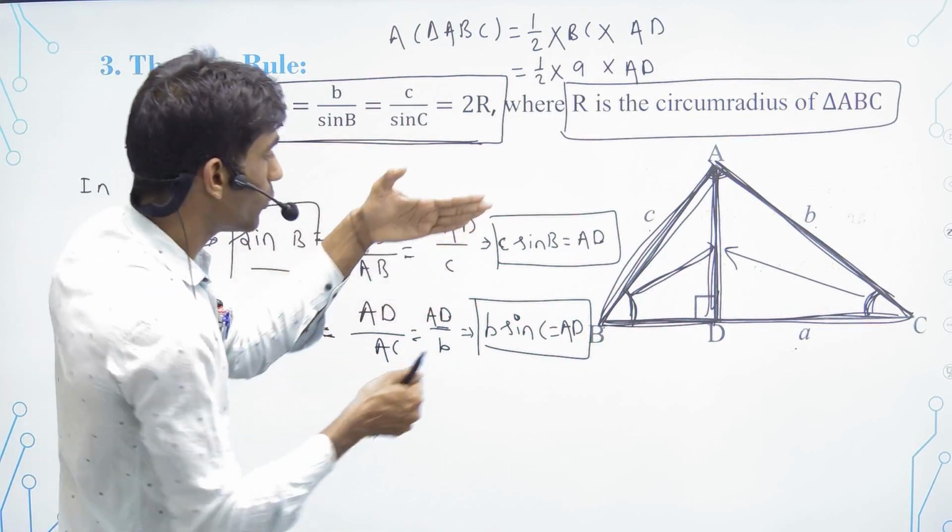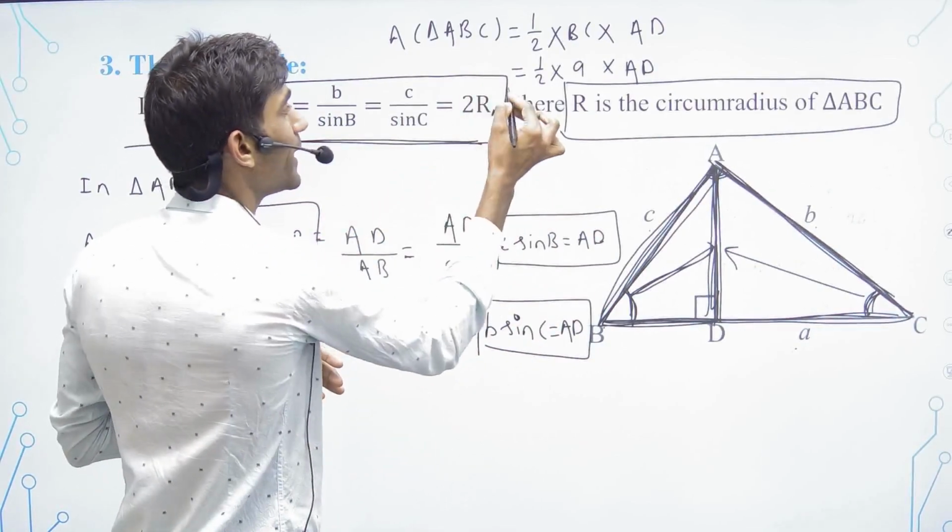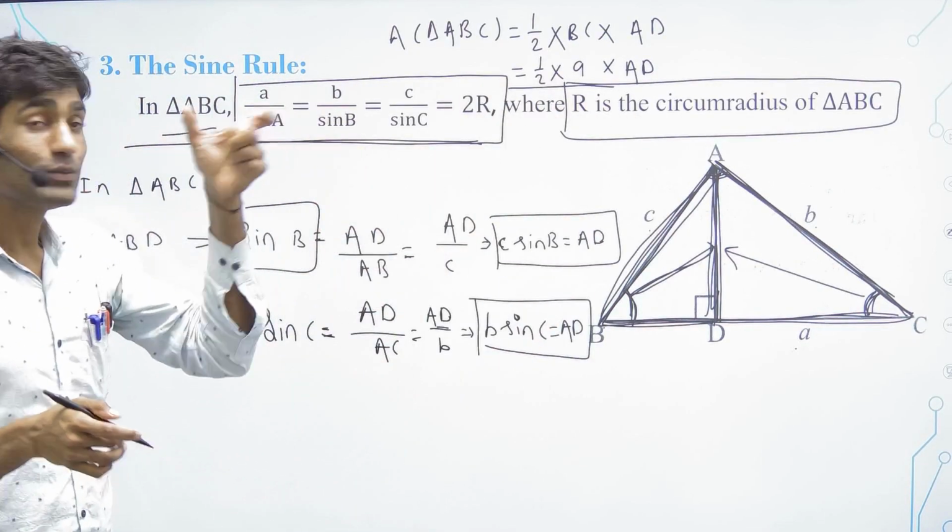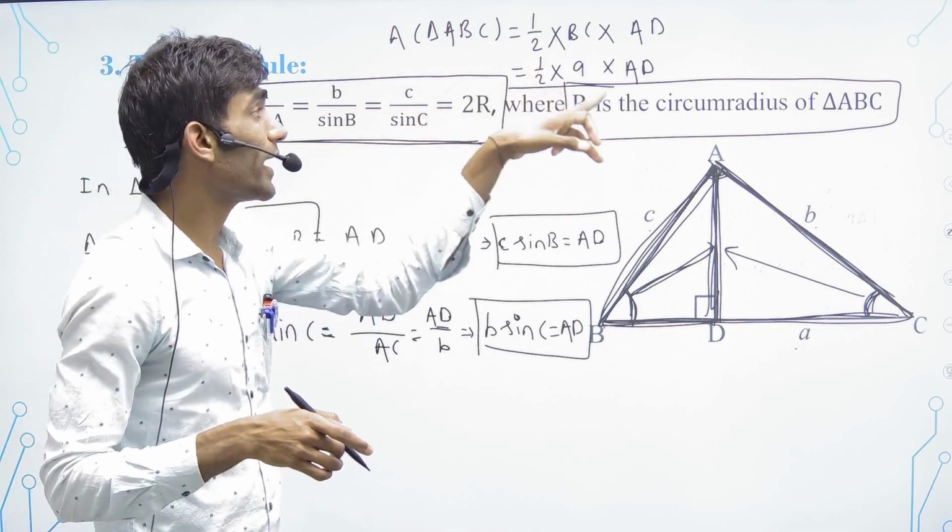Now what we do is substitute these two values in the area of triangle ABC. We have the area of triangle ABC as 1/2 a into AD.